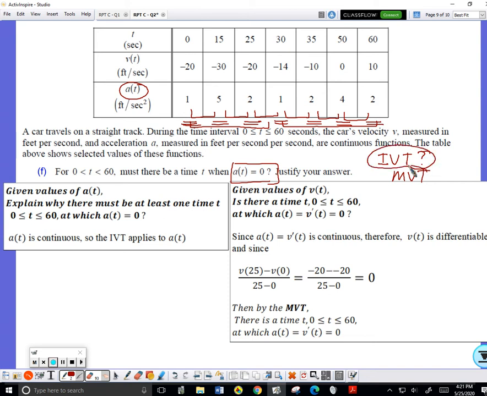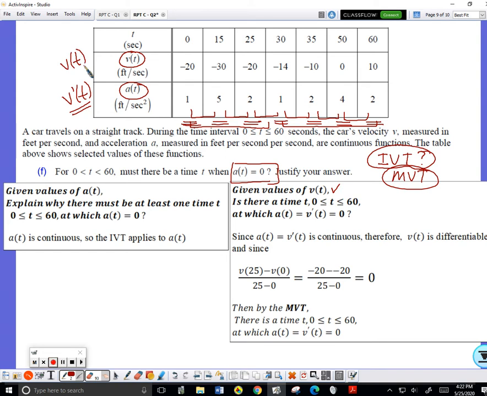So now I'm going to look for the mean value theorem. Well, they are giving me values of v, and they're asking about v prime. That's mean value theorem. But to use the mean value theorem, I have to show that v is differentiable and continuous.